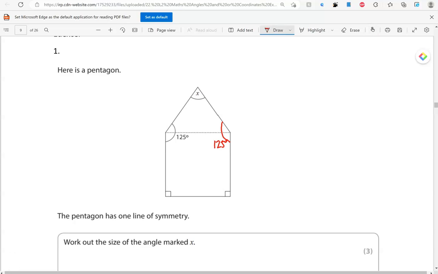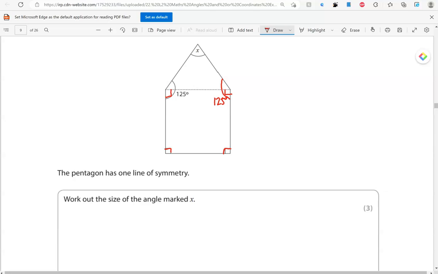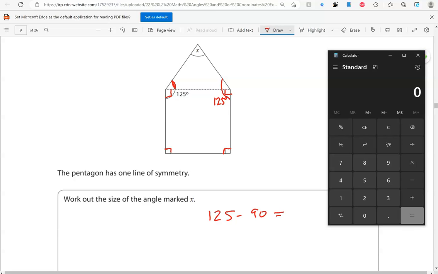So we can see these two are right angles, so these two will be right angles as well. A right angle is 90 degrees, so if I do 125 take away 90 should give me this angle here, which is part of the triangle. That gives me 35.